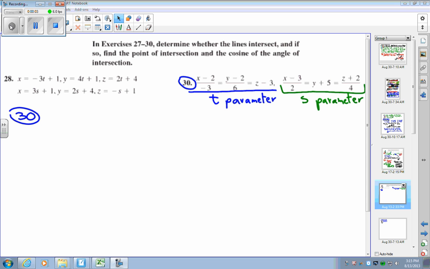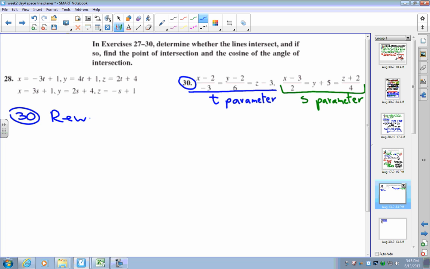So right now it's in the symmetric style, and I'm going to first rewrite it in parametric. When I do that, I'll do the first one for you, and then you'll be able to see how quickly you can rewrite them.